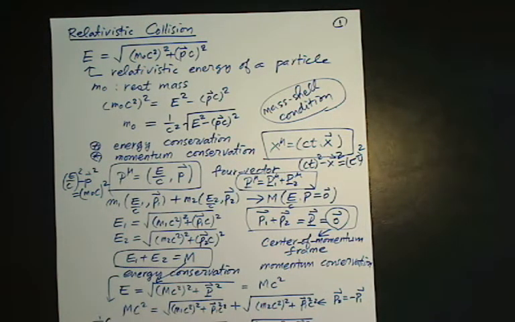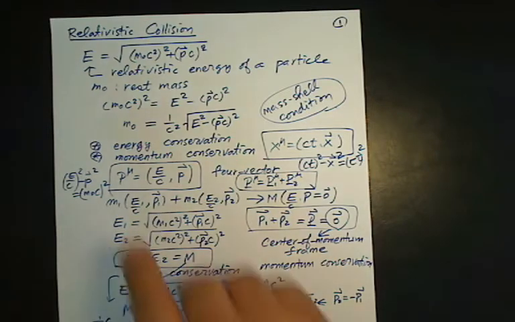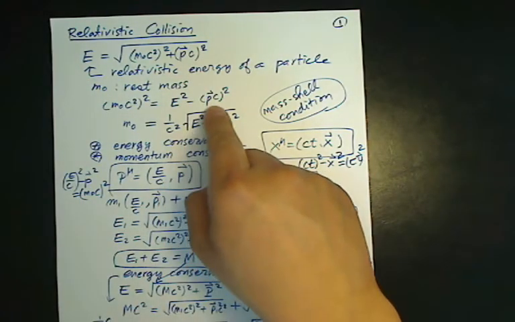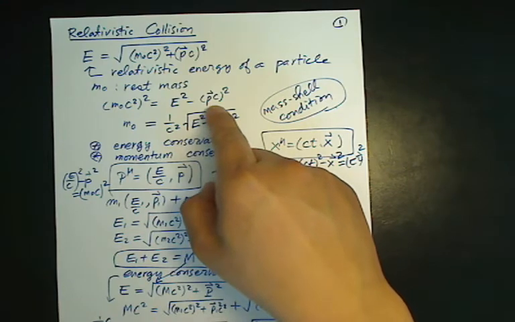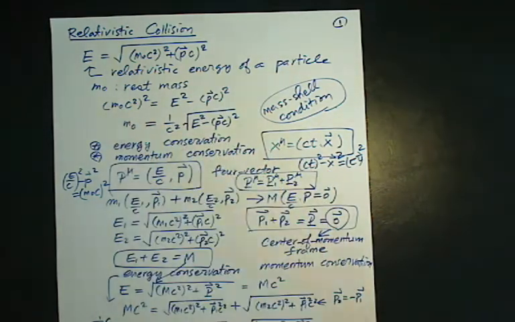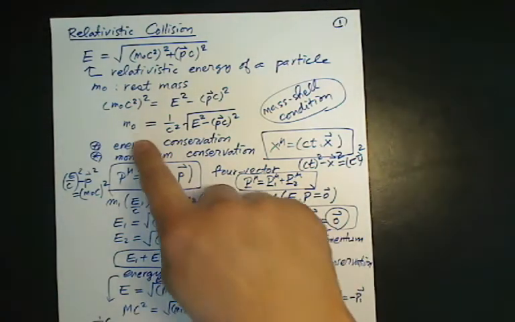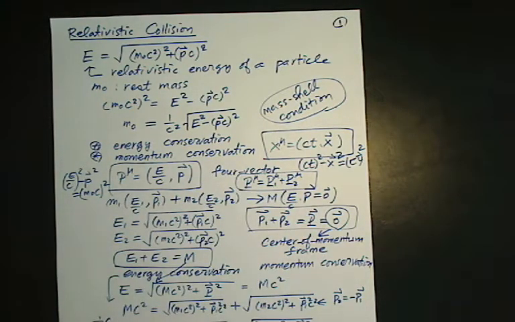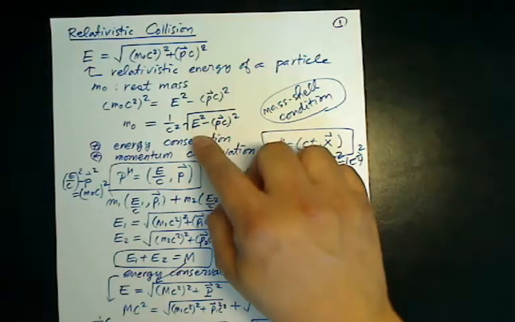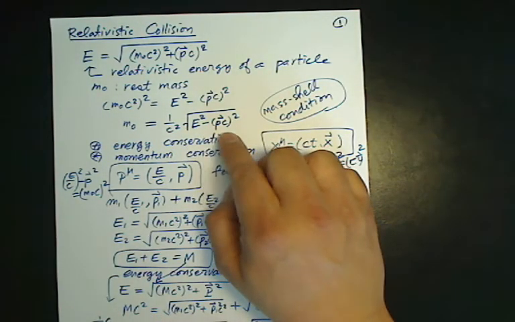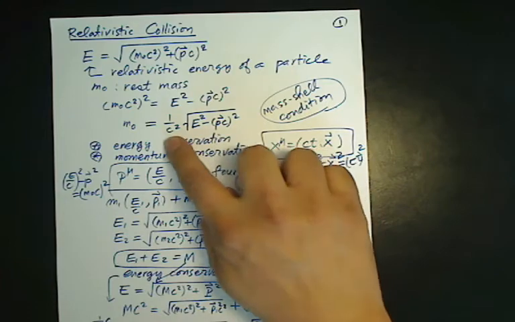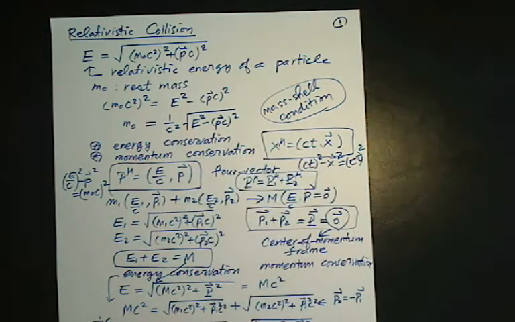There is an invariant condition for a particle: energy squared subtracted by the momentum times the speed of light squared is the rest mass squared multiplied by c to the fourth power. Therefore, the rest mass of the particle can be computed by taking the square root of energy squared minus pc squared, divided by c squared.